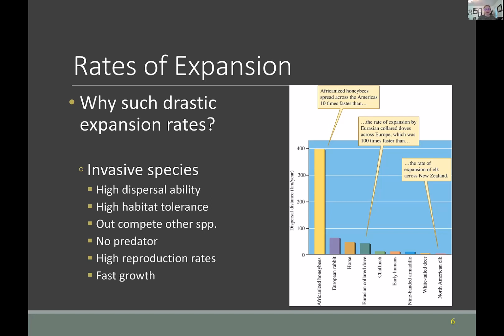So they have a high habitat tolerance. They can deal with all sorts of things. If they're very specific in where they wanted to be and they found themselves outside of those parameters, right, they wouldn't be successful. Competition. Usually invasive species can outcompete those native species of those given areas.